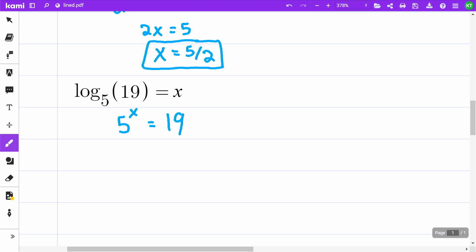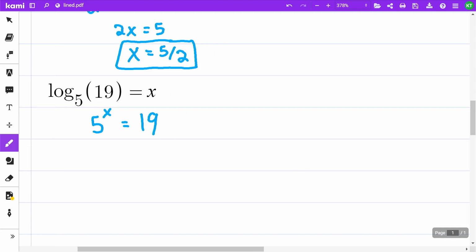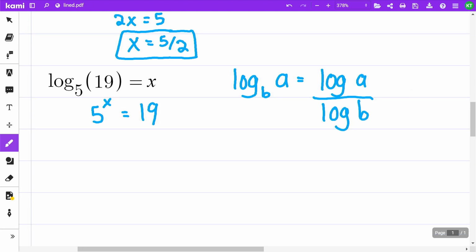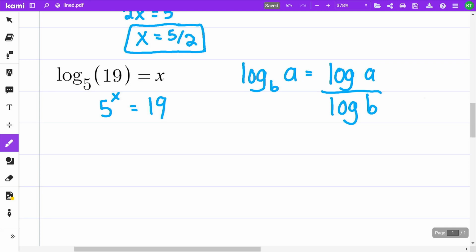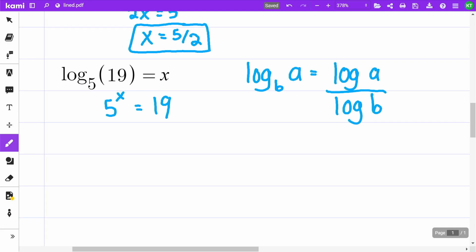So if that's the case, on questions like this, we would have to use our change of base formula. And let's say our change of base formula is going to be log base b of a is going to be equal to log a divided by log b. So I'm going to go ahead and do what we have here and plug everything in.